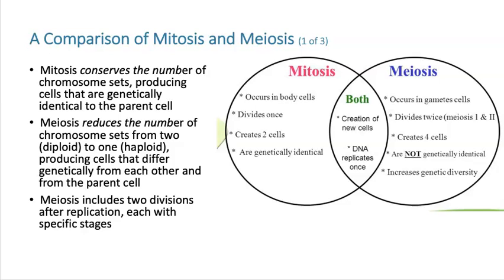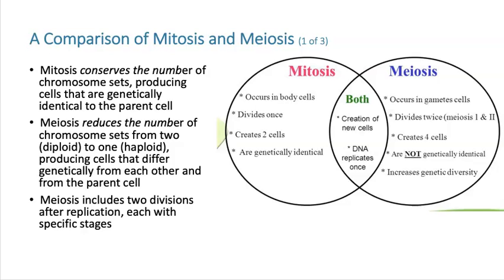So, mitosis is a conserving division. The number of chromosomes at the end of mitosis is exactly the same as the number of chromosomes that were present at the beginning of mitosis. That's not true for meiosis.